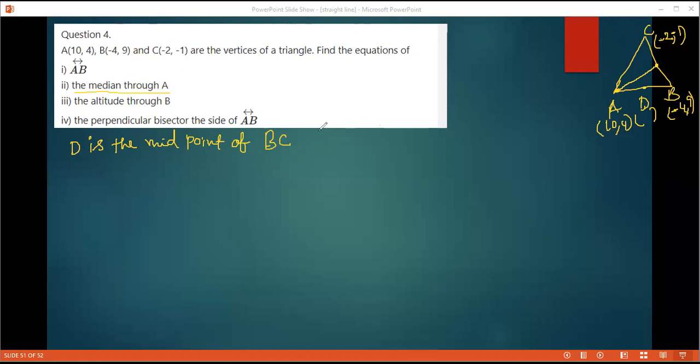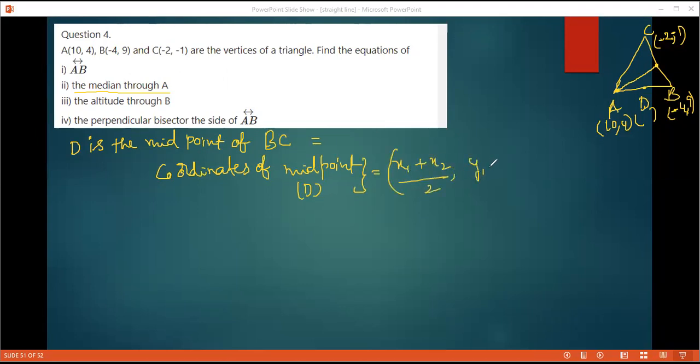So how to find the coordinates of midpoint D? x1 plus x2 by 2, this is 1 point, y1 plus y2 by 2, right? Let us calculate this.